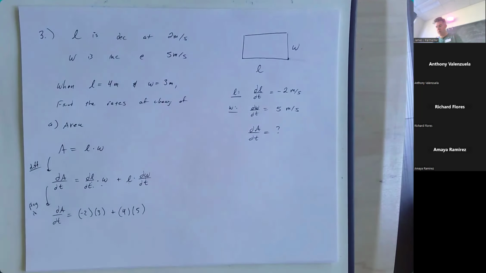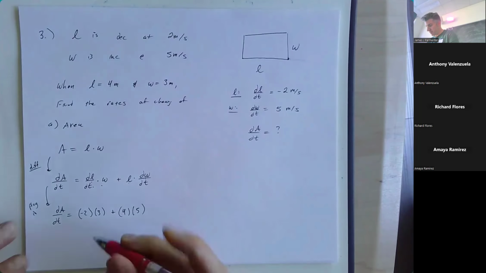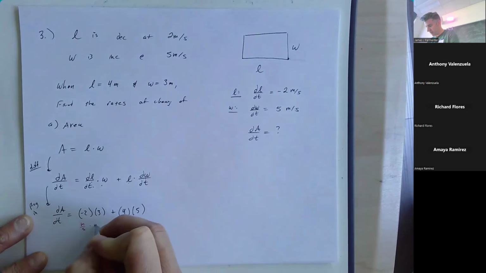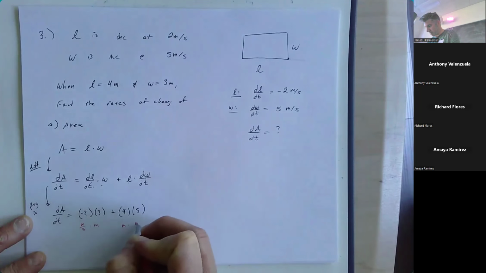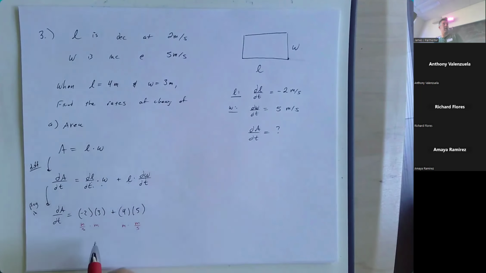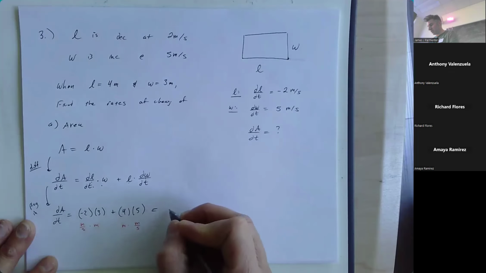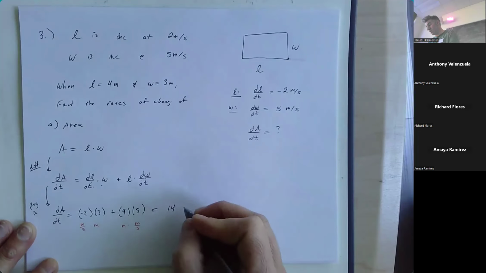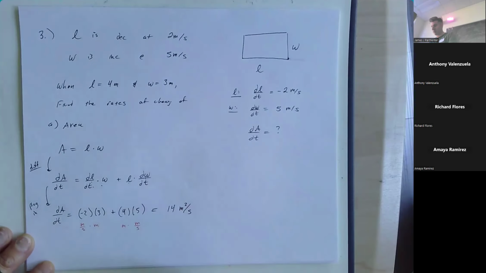I don't think you need to. I'll point out that we have meters per second times meters and meters times meters per second. So both of these are meters squared per second, which is some measurement of how area is changing as time advances. So you're going to get negative 6 plus 20, which is 14. And then at the end, you should add on the meters squared per second.